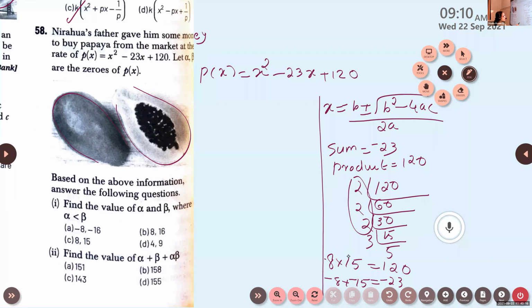So the numbers are negative 8 and negative 15. Product is 120, sum is negative 23.